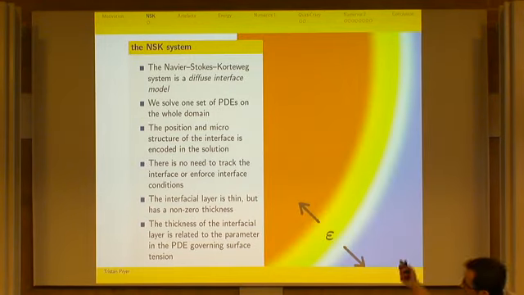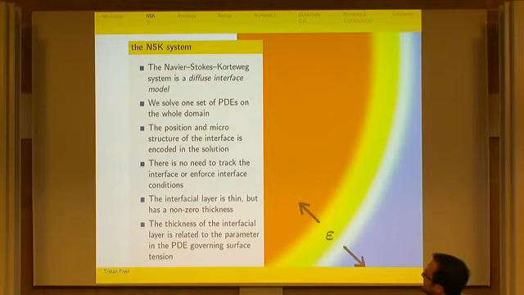And the model I claim is a good model for this. I'm not a modeler, but the model we chose to study is a Navier-Stokes-Korteweg system, and this is a diffuse interface class of model.